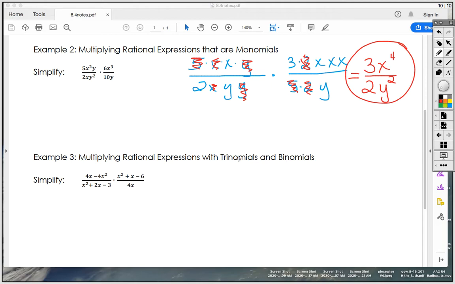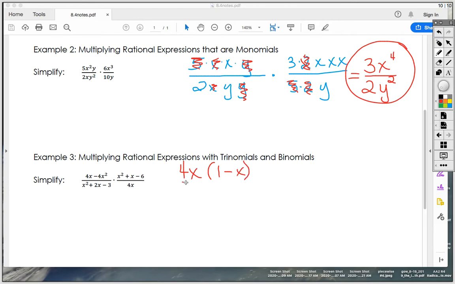Okay, now what about trinomials and binomials? Again, step 1 is to factor. So the first thing I can factor out of this first one is a 4x. So this becomes 4x times, now when I factor 4x out of 4x, I've got 1, because that's 4x times 1, 1 minus x.